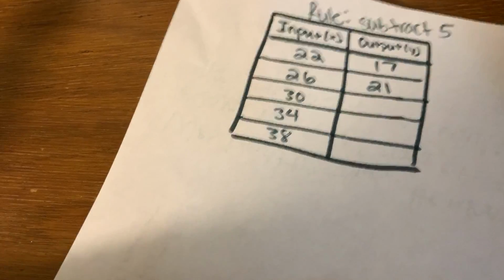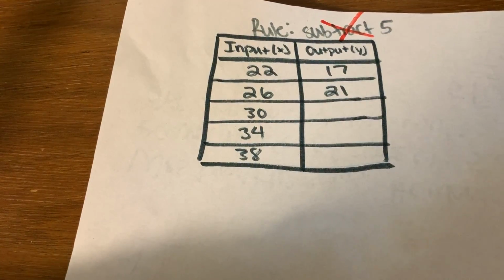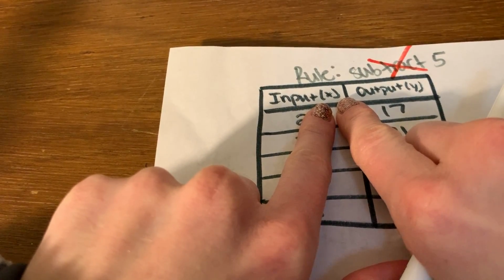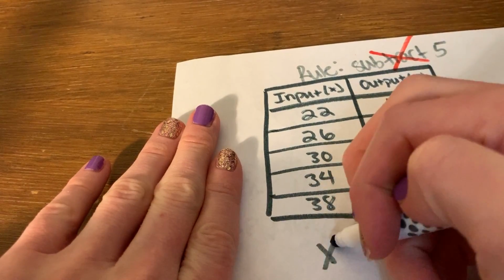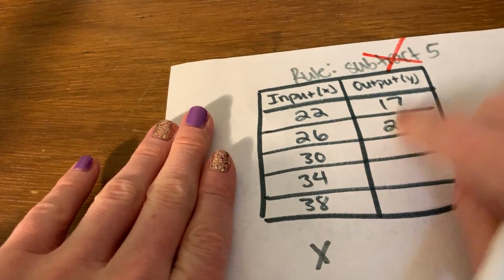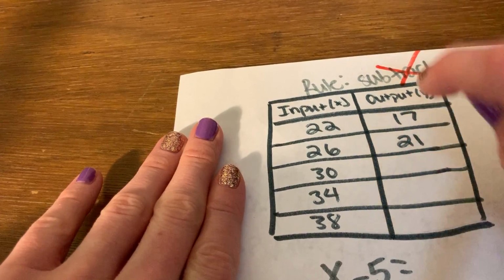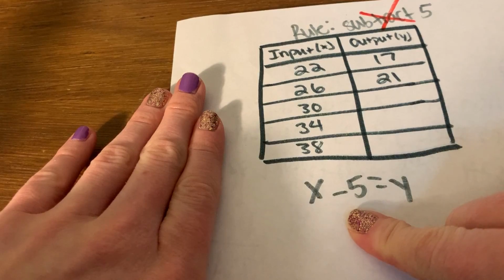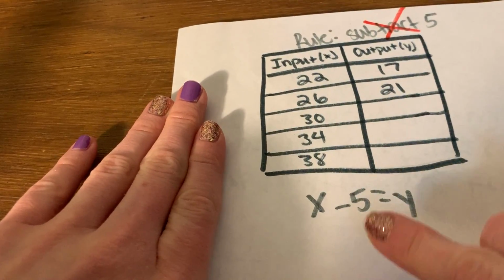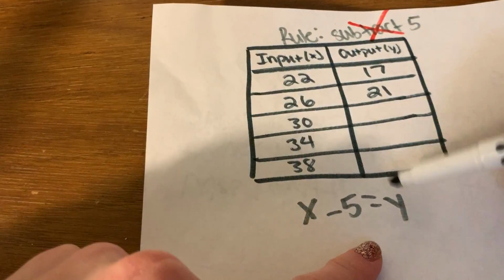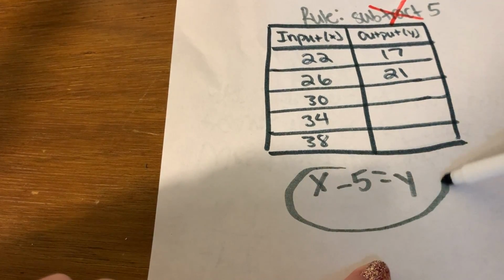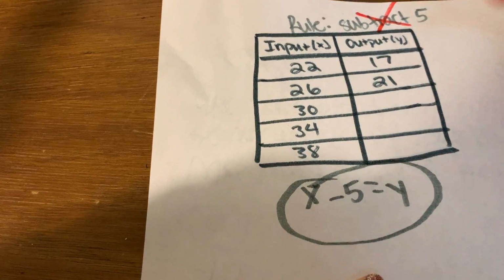When I ask for the rule written as an equation, what I want you to do is x minus 5 equals y. Input, rule, equals output. That's what I want. So when I ask for the rule written as an equation, I want it like this, okay?